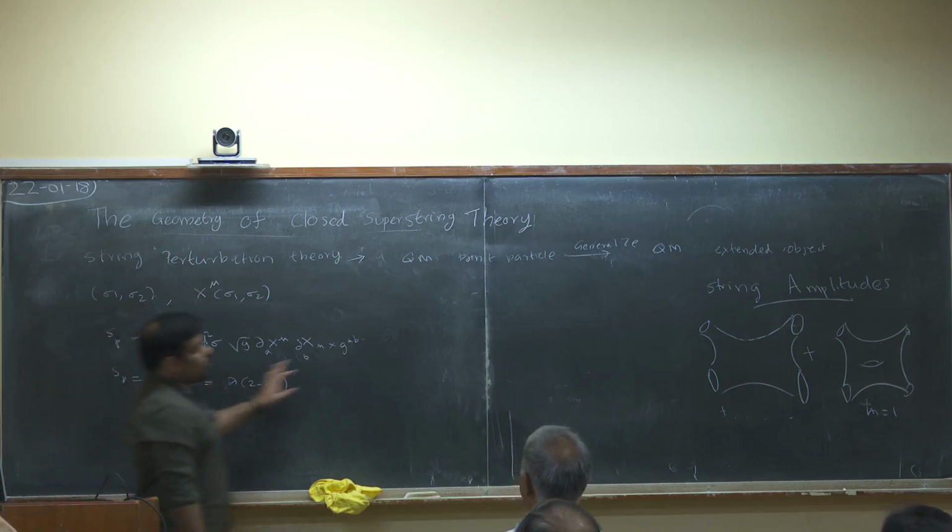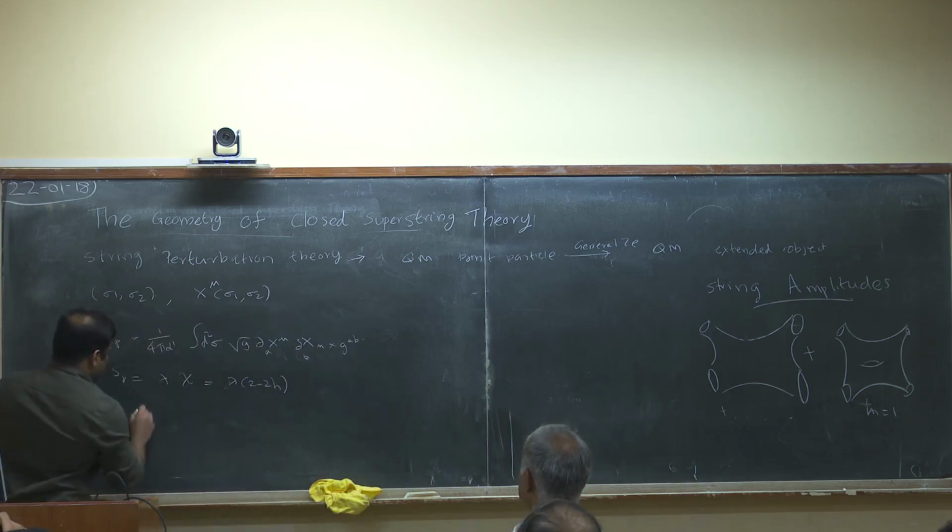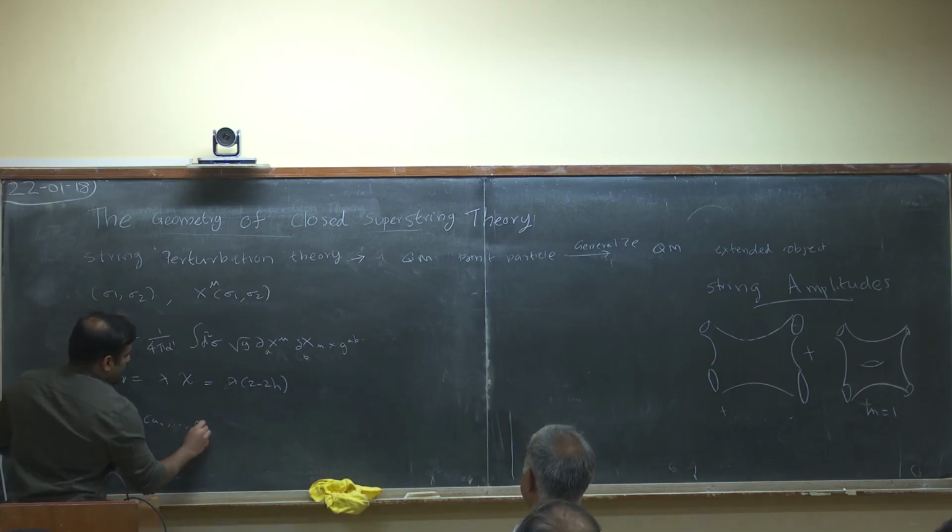Once you write down the path integral expression, you get the amplitude as follows. Let me denote the external states by a1 to an, if there are n external states.